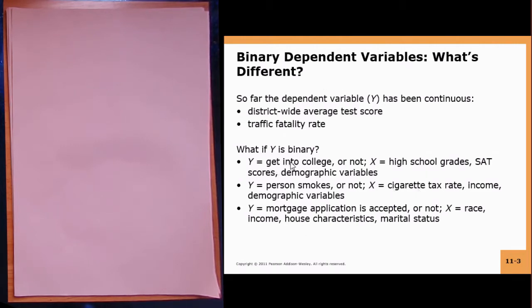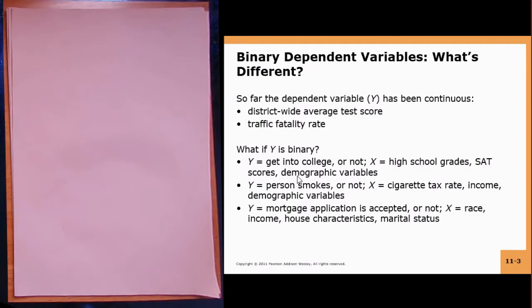In some cases you are interested in discrete outcomes. When you apply to a particular college, you may get into the college or not, and you want to know what factors affect whether you will get in. These factors may be things like your high school grades, your SAT scores, or in the Indian case, your CAT scores or GATE scores.